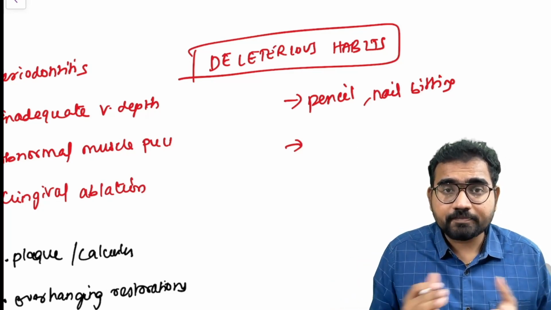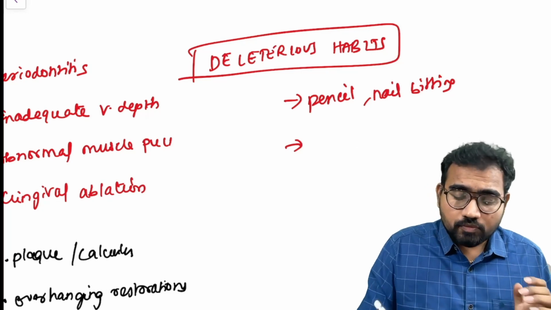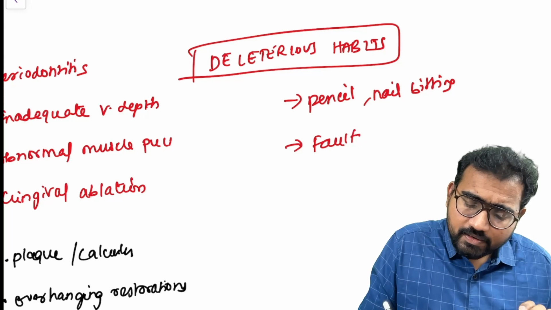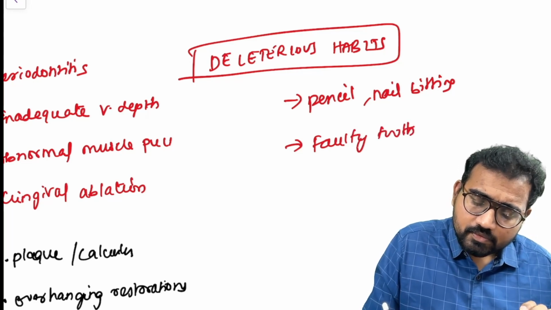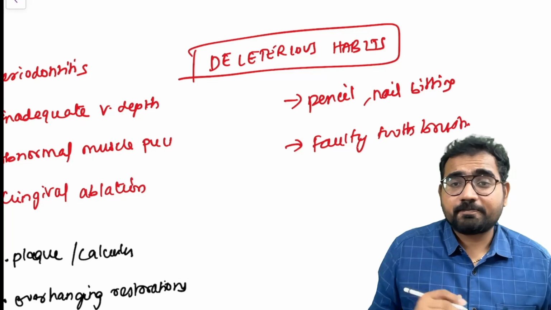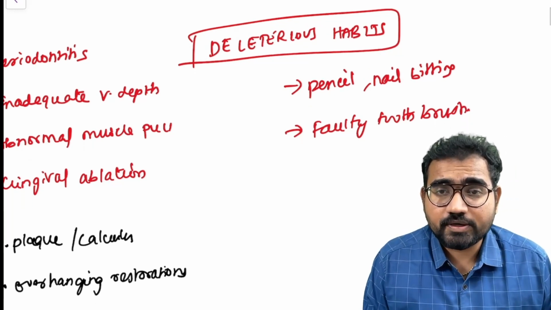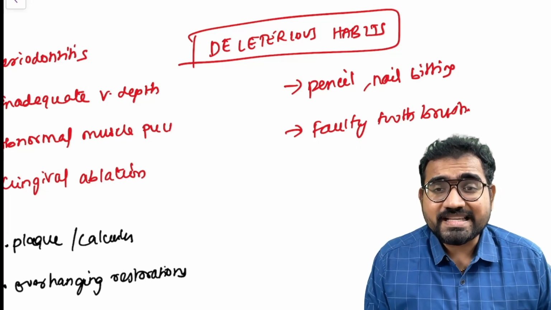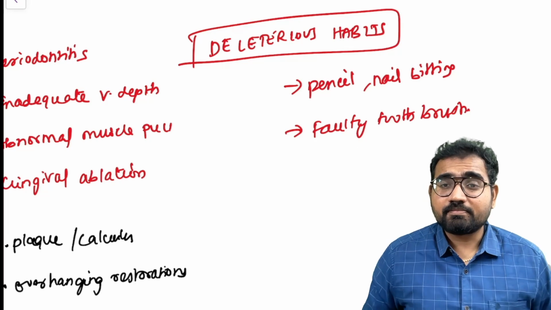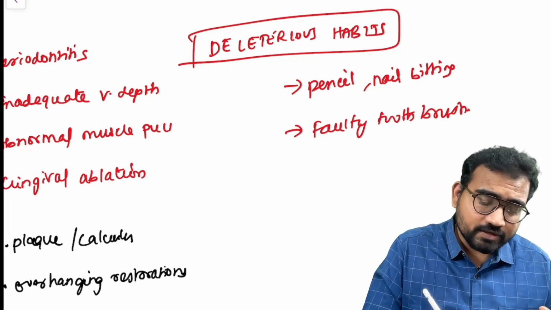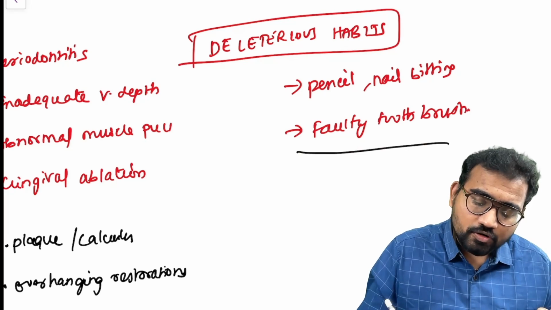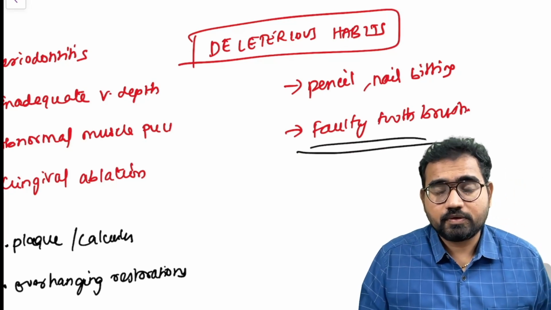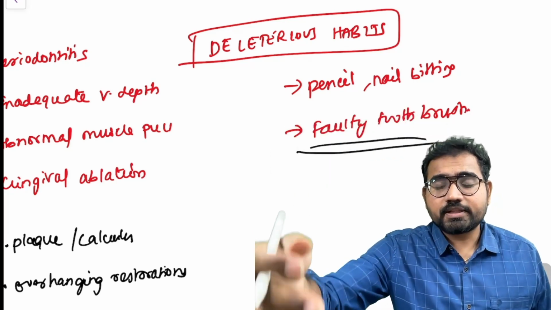Faulty toothbrushing. Most commonly, when a young patient, say a 20 to 25 year old, comes to you with isolated gingival recession, 90% of the time it will be because of faulty toothbrushing. So identify the cause and tell them what to do.